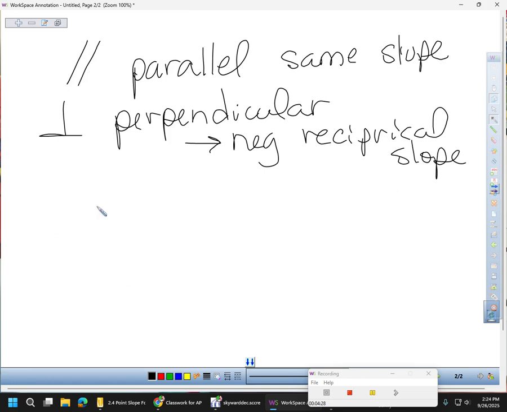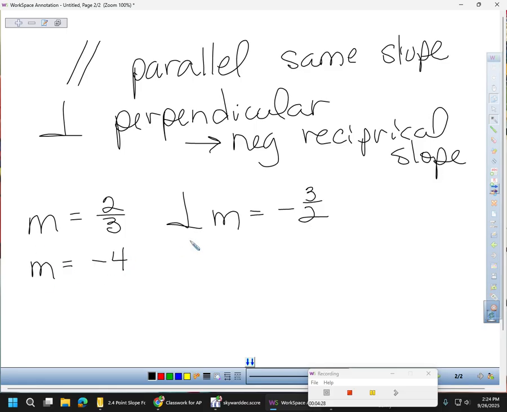Perpendicular: if I have a slope of 2/3, my perpendicular slope will be negative, and I flip it over, 3/2. If I have a slope of -4, my perpendicular slope will be the opposite sign, so it's positive, and I flip it over. So 1/4.